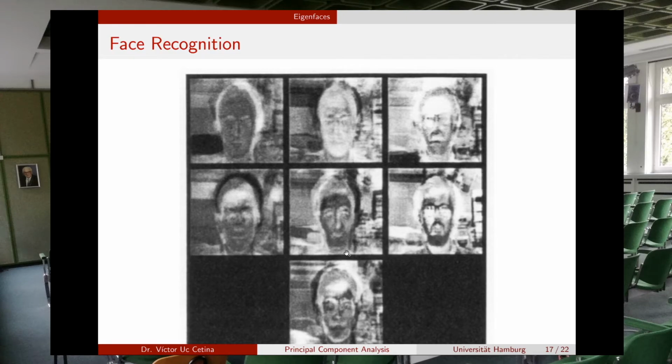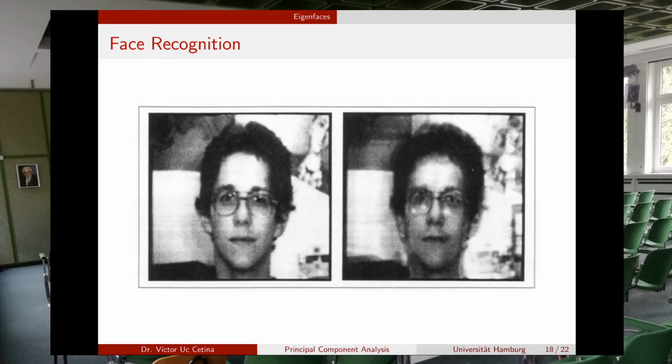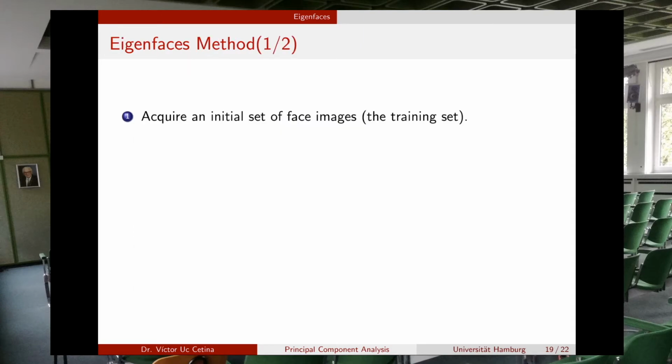So they take a bit of each of these faces to reconstruct each of the original faces. And this is a very, very powerful concept, because they managed to use these eigenfaces to create a face recognizer.